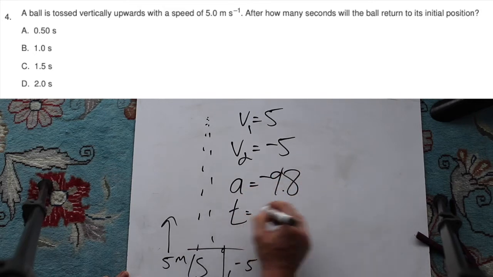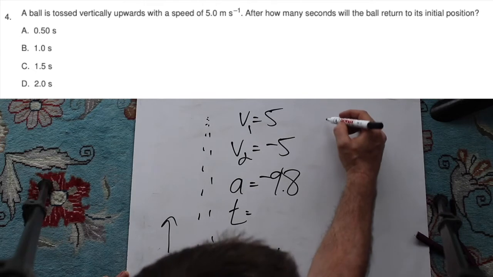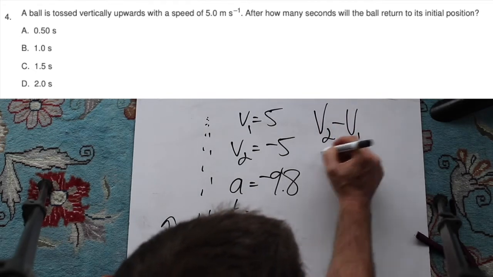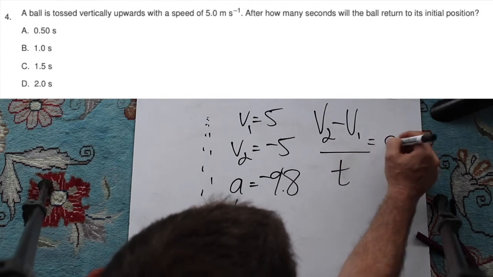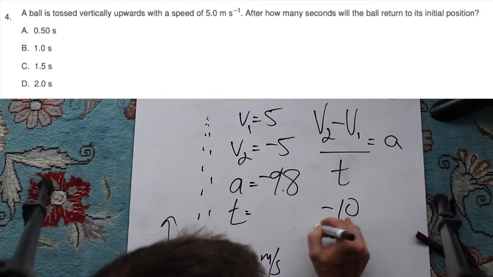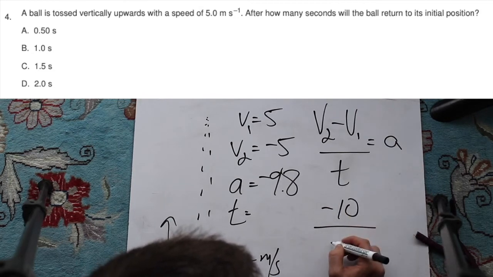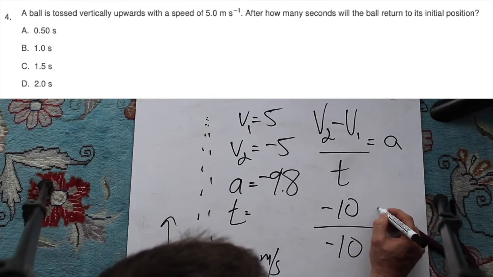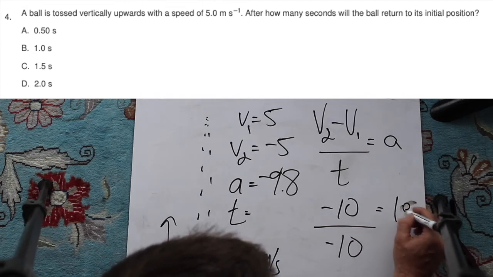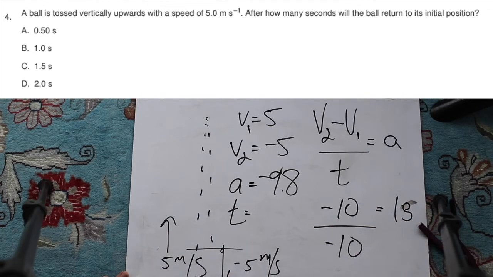I'm looking for a time, and that allows me to take the definition of acceleration. And our change in velocity is approximately -10, and the acceleration is approximately -10, and that gives me a time of about 1 second. Correct answer would be B in that case.